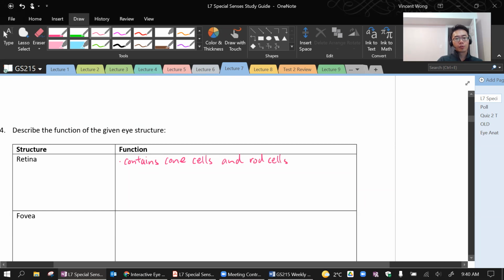These are photoreceptors, right? Different types of photoreceptors. Cone cells are for creating sharp image and color vision.